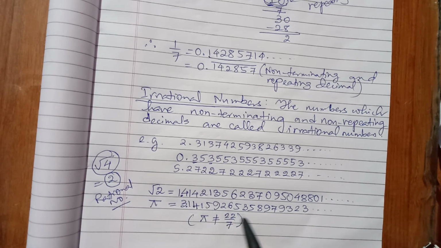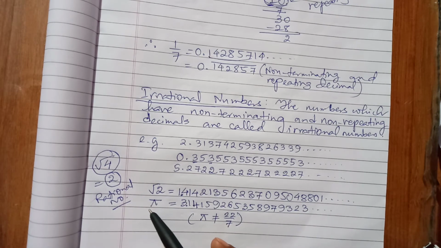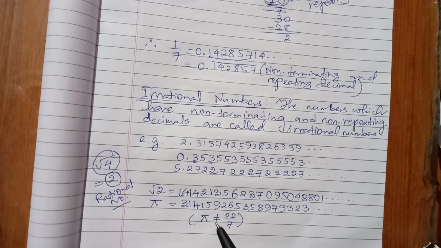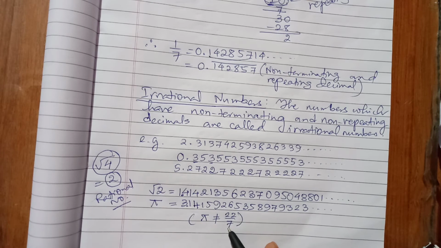So this decimal is called your irrational number. So this pi also is called an irrational number. So always remember, pi value is not actually 22/7, but for solving our numerical problems we always use pi value as 22/7, but actually pi is an irrational number.